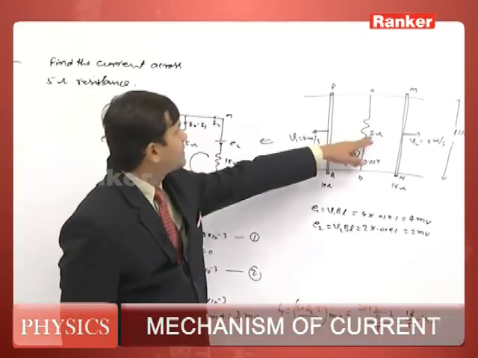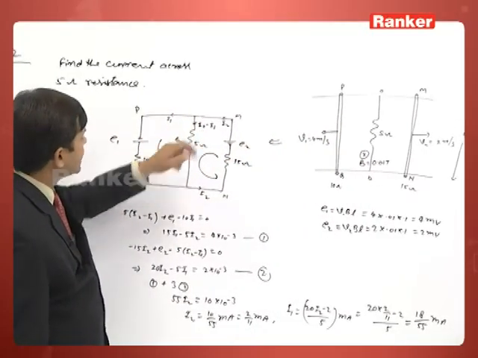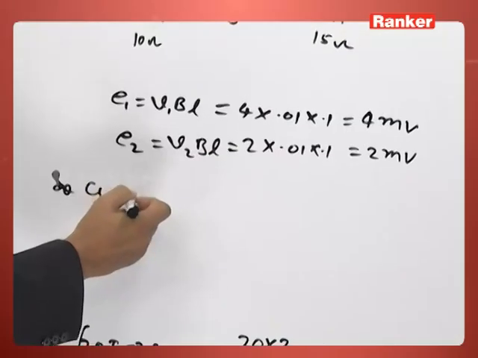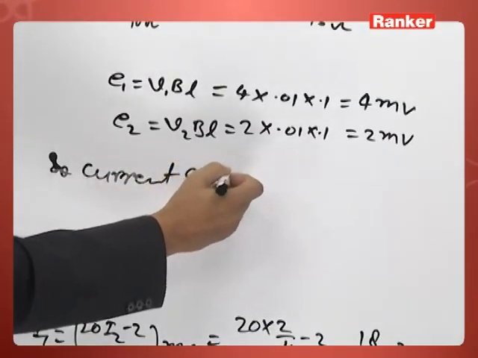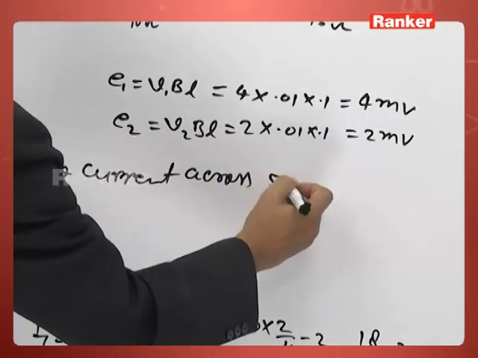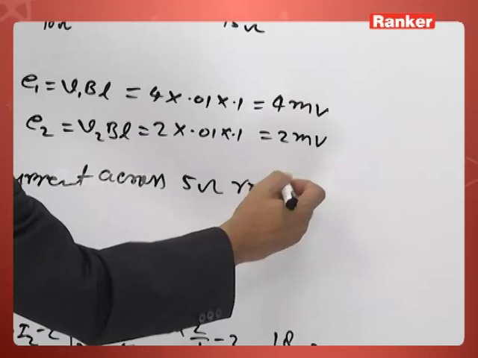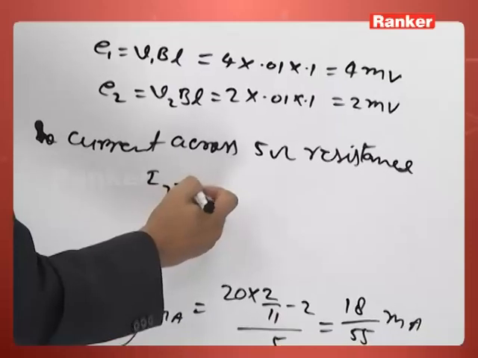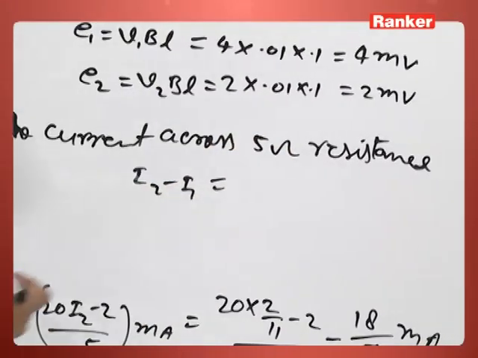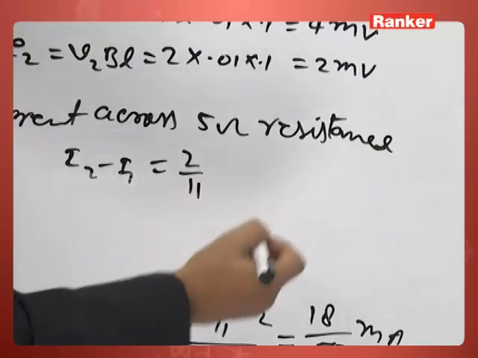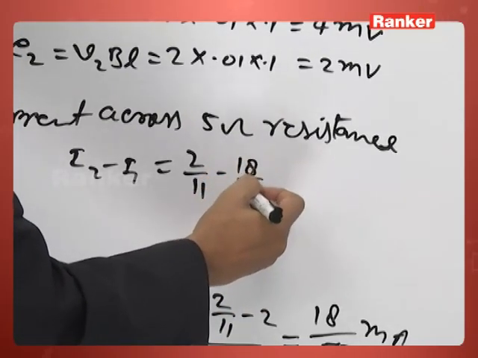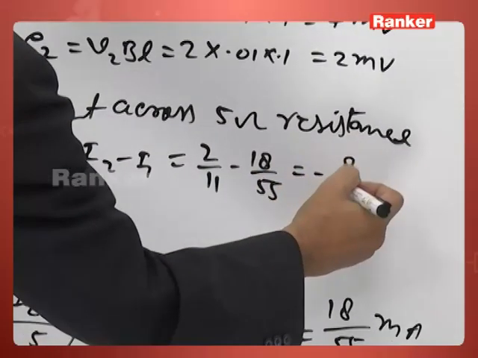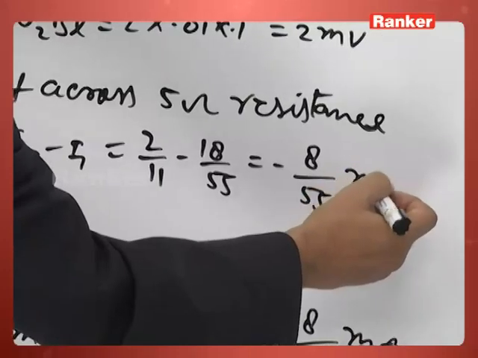So current across the 5 ohm resistance is I2 minus I1, which is equal to 2 by 11 minus 18 by 55, that is minus 8 by 55 milliampere.